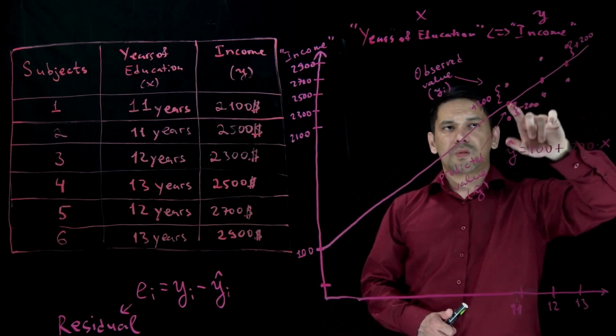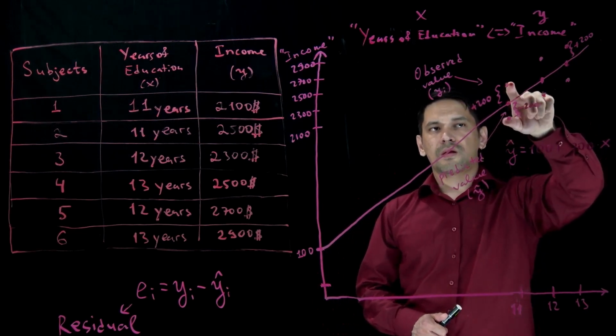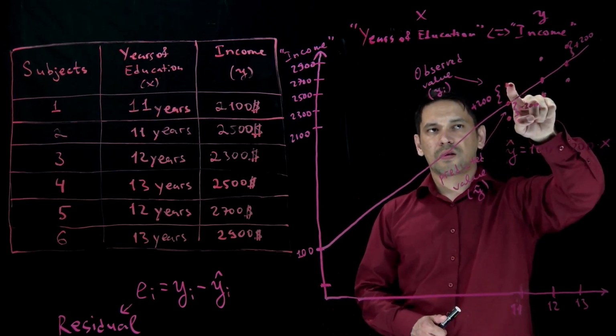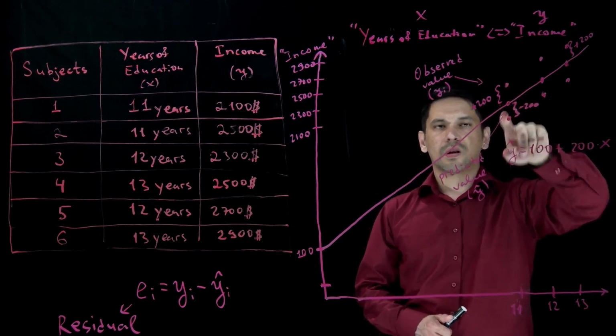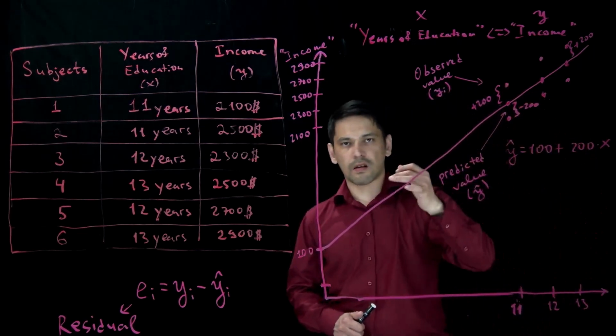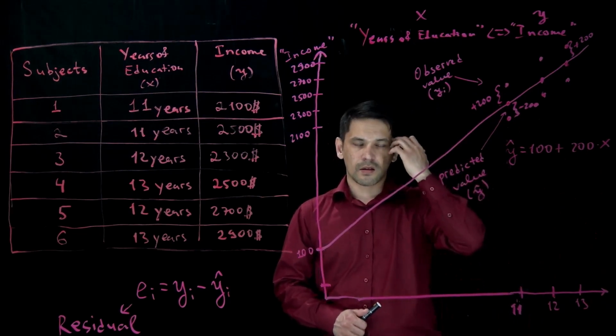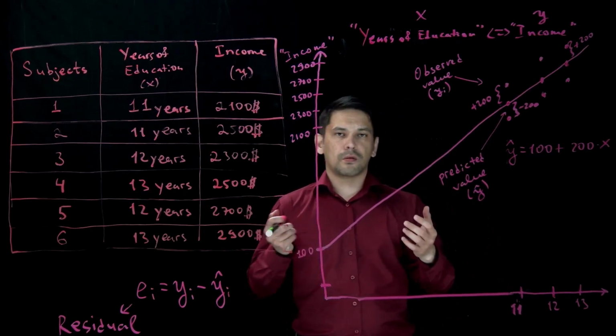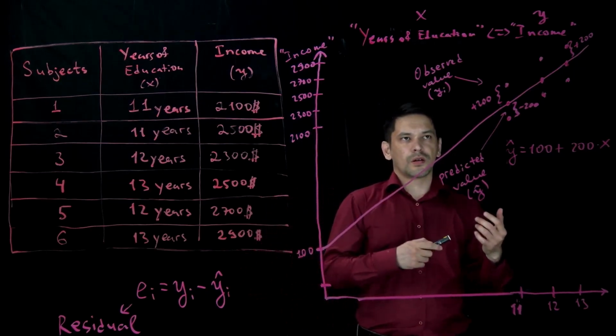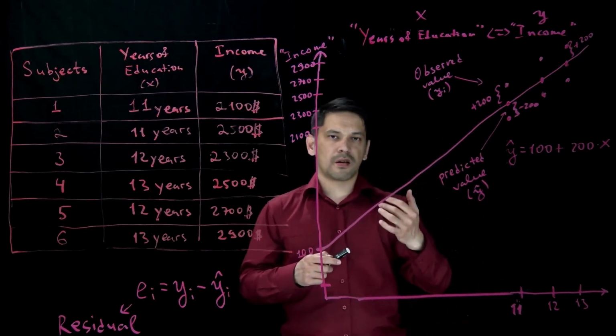So please remember, in order to calculate the residual for a certain dot, you just have to subtract the predicted value for that dot from the observed value. Again, that will show the distance between the dot and the regression line. So basically, a residual shows how far a certain dot is from the regression line.